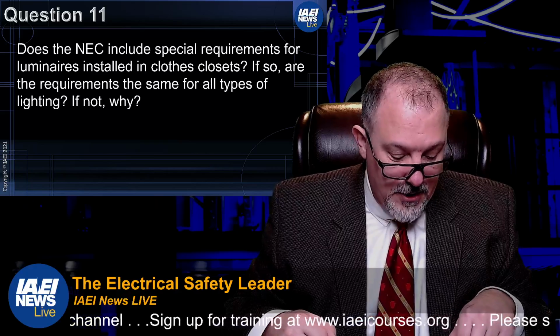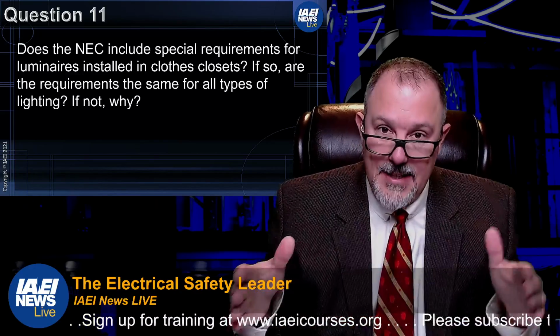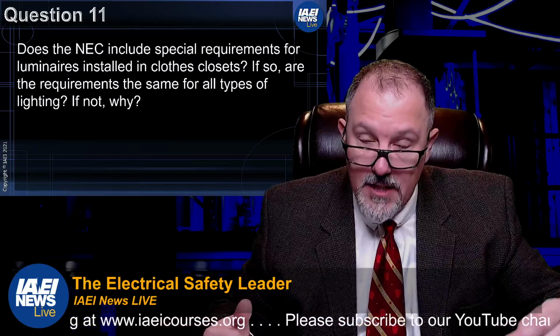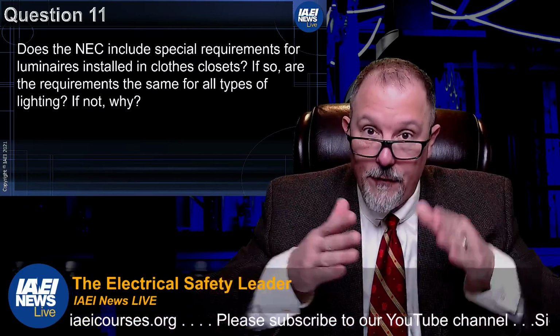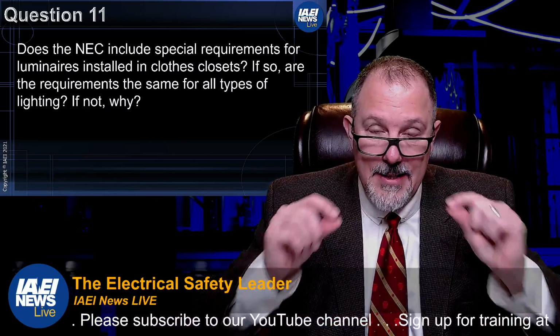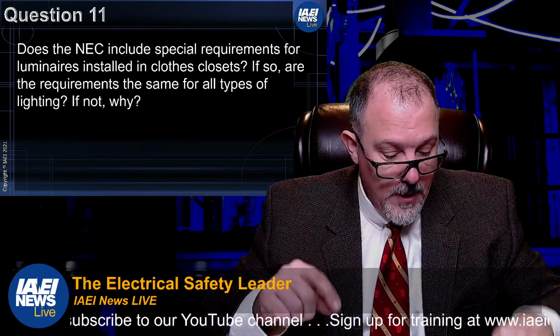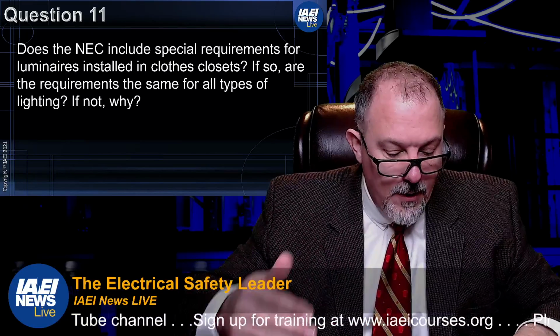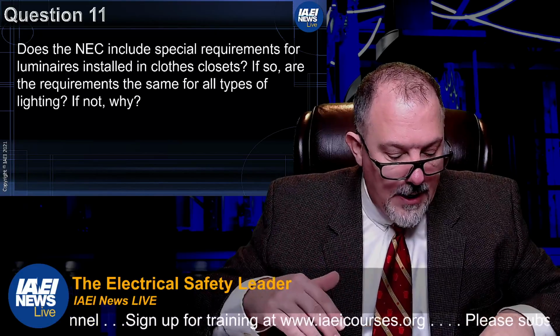Now the location. Now location gets into the distances. And just like we saw earlier with 410.11, near combustible, we know distance is your friend, right? And we know 90 degrees C is an important number. And whether it's over or near, if it's over, we saw the 8 foot above the floor.